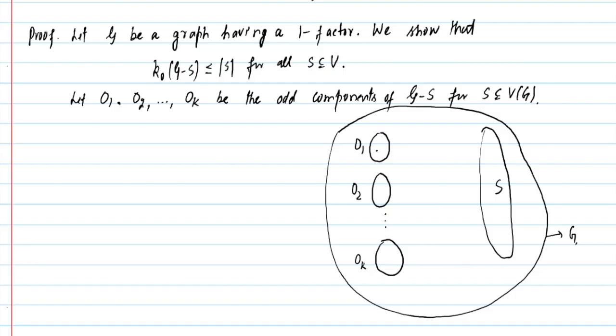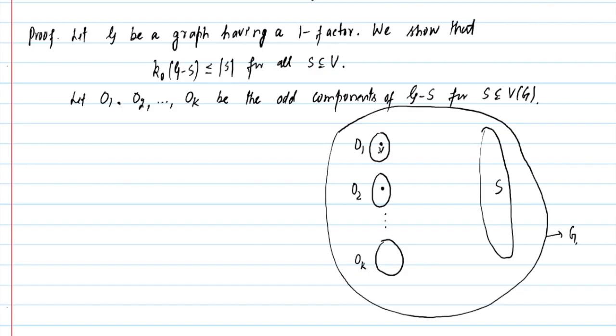The first thing that we shall note here is that if we have some vertex V in the first odd component O1, and a vertex in the second odd component O2, then this vertex V cannot be adjacent to any vertex in O2, or to any vertex in Ok, because these are disconnected components of G minus S.